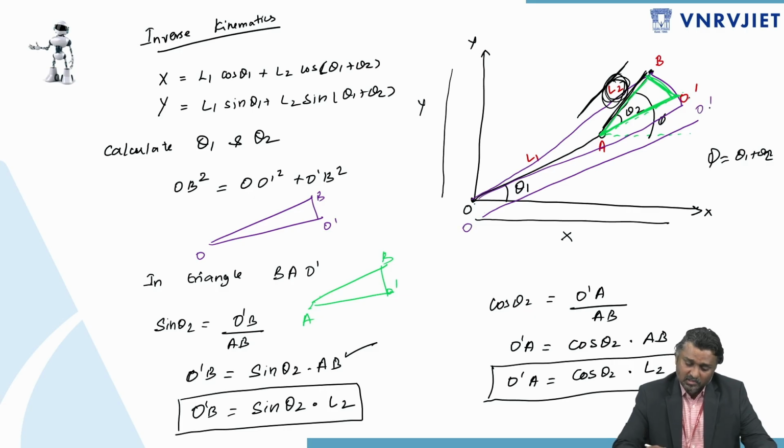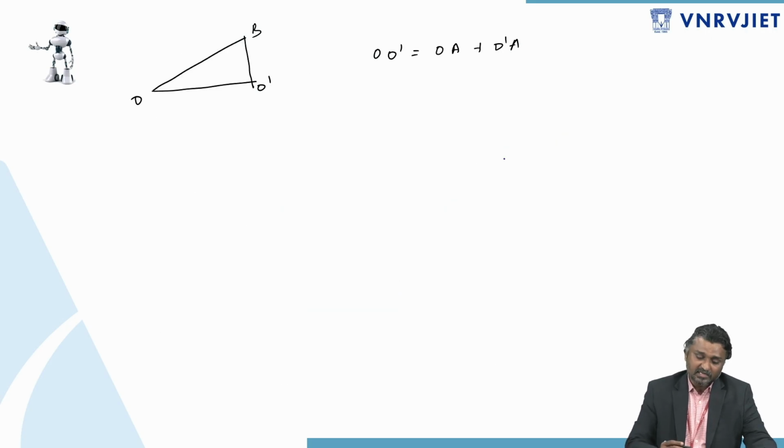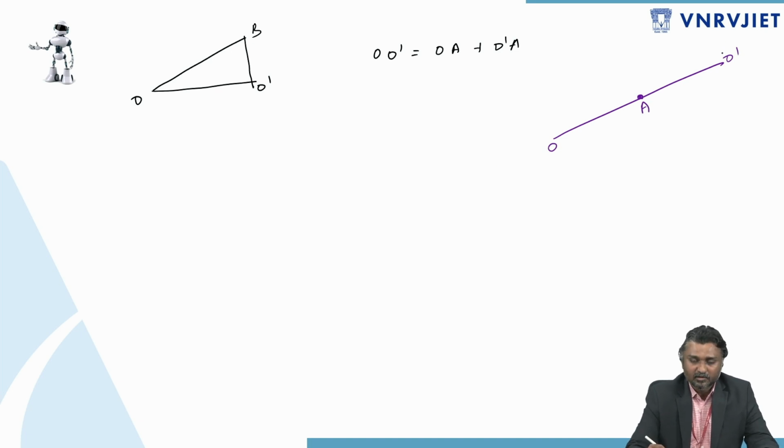It is OA plus O dash A: if you add link 1, OA, and then O dash A, that is the complete length. This is link 1, this is point A, in total the link of the robotic system. So that means link 1 and link 2.